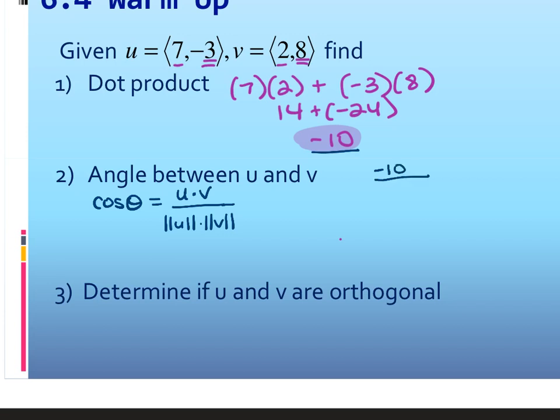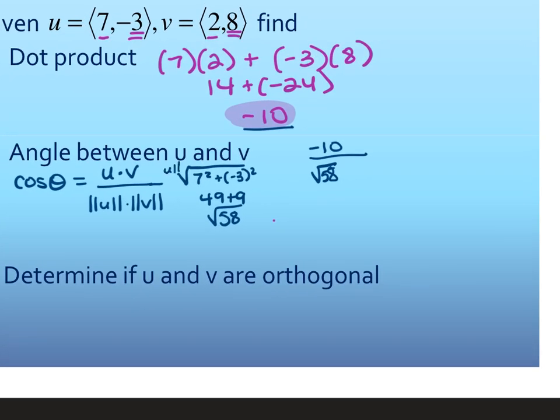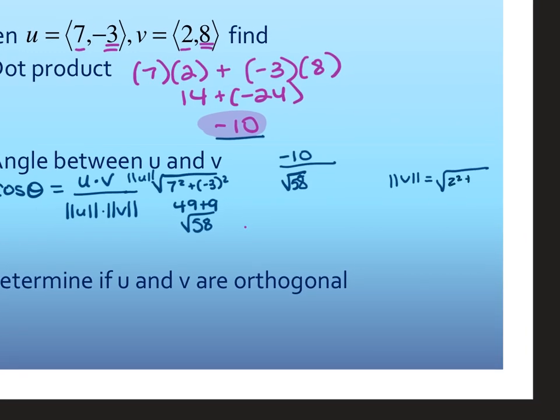And then the magnitude of u would be the square root of 7 squared plus -3 squared, 49 plus 9, which is the square root of 58. And then the magnitude of v would be the square root of 2 squared plus 8 squared, or the square root of 4 plus 64, which is the square root of 68.